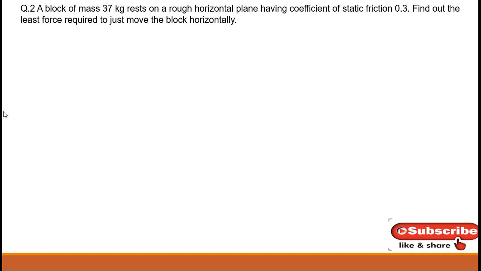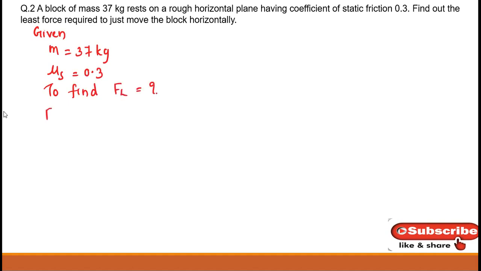So here the mass of the object is given, mass is equal to 37 kg. Coefficient of static friction is given, 0.3. We want to find out the limiting force, FL. We know that the formula is FL is equal to mu s into N.